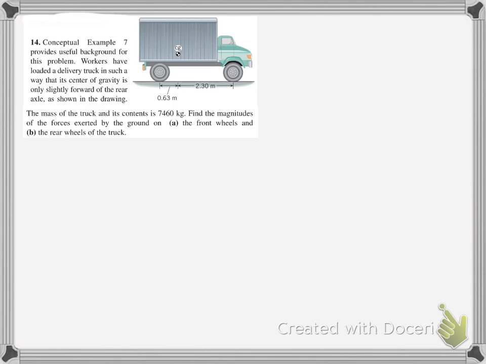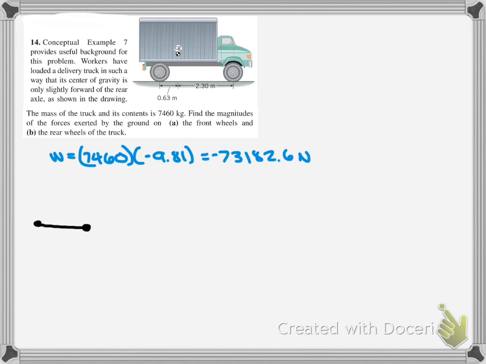Alright, so first thing is find out the weight of the truck. They give you the mass, so you just multiply by 9.81 to get the weight. And it gives you that value, negative 73,182.6 newtons. Alright, and my next step is to draw it out to make it look like it makes more sense. So right there is your line.